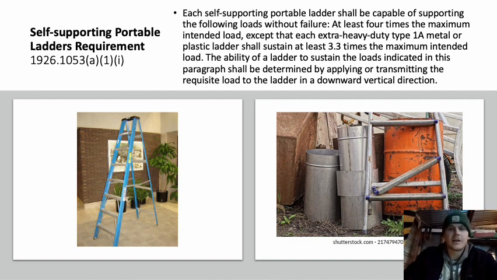So that means if it's an extra heavy-duty, it doesn't need to hold 4 times. It only needs to hold 3.3 times. At the end, it says the ability of a ladder to sustain the loads indicated in this paragraph shall be determined by applying or transmitting the requisite load to the ladder in a downward vertical direction.